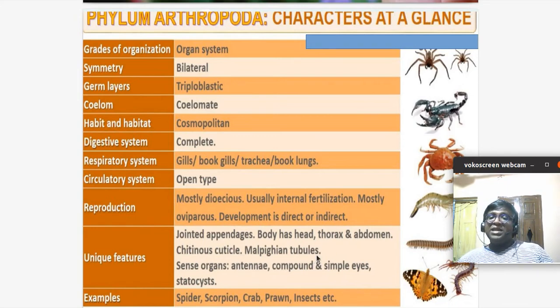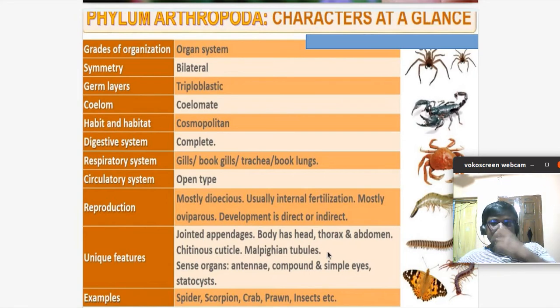The excretory system in case of Arthropoda is Malpighian tubules. They also have sense organs like antennae. Antennae are sensory in function. They have a compound eye. Each individual unit we call ommatidia. Some of them have simple eye.